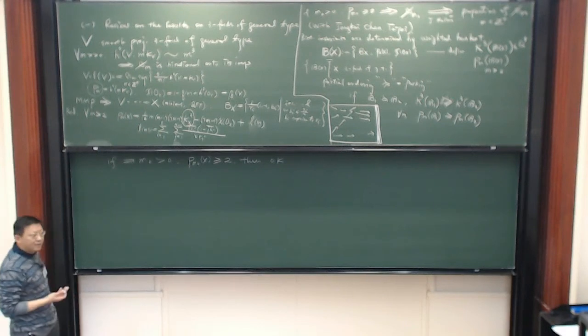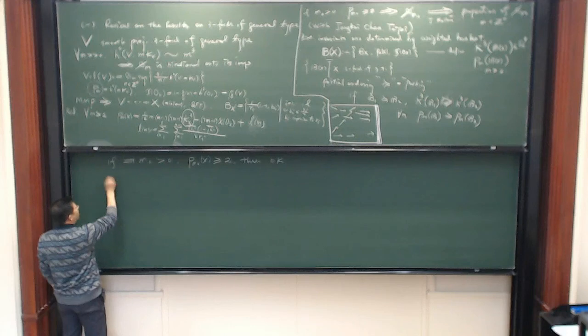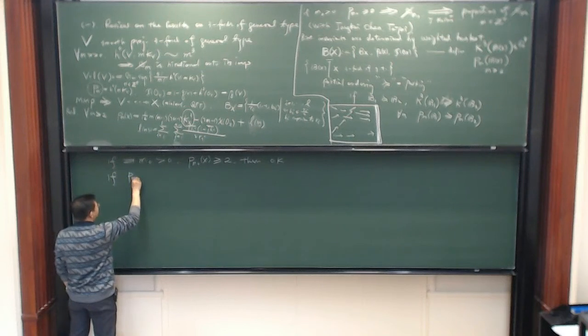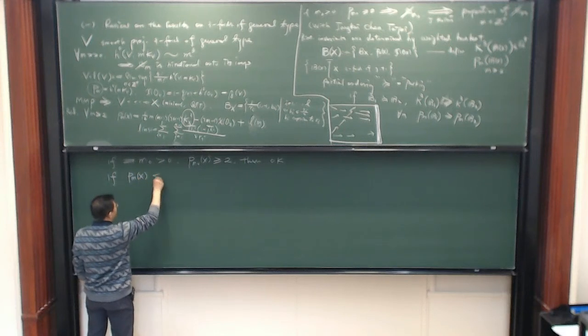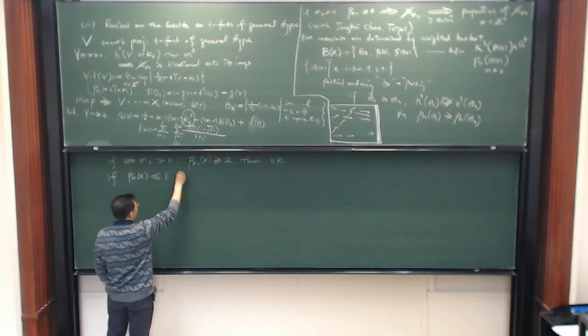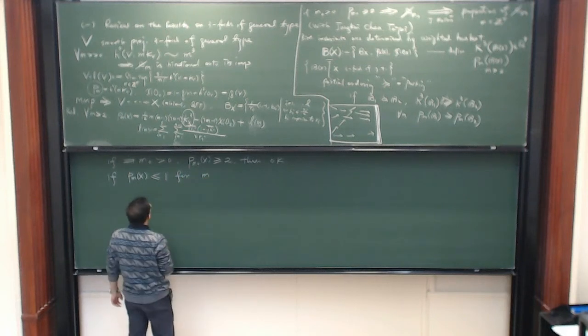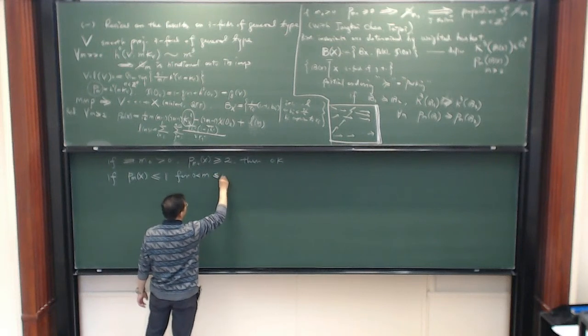Otherwise, you should try to find this m naught. So our consideration is like this: if we know that Pm of x is smaller than or equal to 1 for all m positive and smaller than 12.